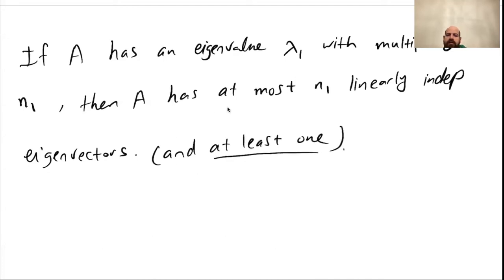Whenever you have an eigenvalue, it will have at least one linearly independent eigenvector. But how many at most? At most is the same as the multiplicity of that eigenvalue.